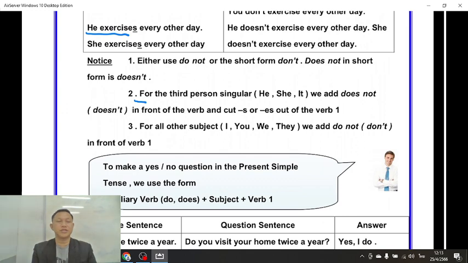For the third person singular, he, she, it, we add does not or doesn't in front of the verb and cut s or es out of the verb 1. For all other subjects, I, you, we, they, we add do not or don't in front of verb 1.